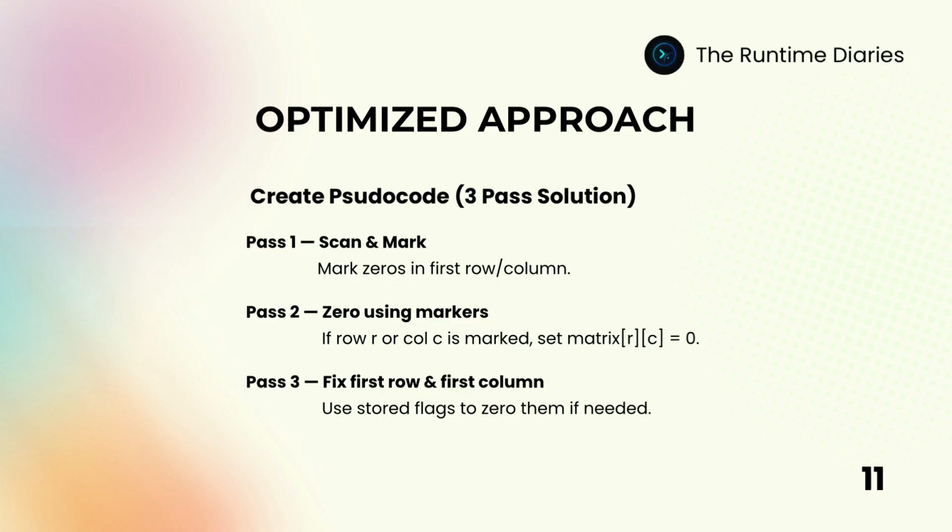Pass 2. Use those markers to zero out the appropriate cells in the interior of the matrix. Skip the first row and first column for now. And pass 3. Finally, use your 2 Boolean flags to zero out the first row and first column if needed. 3 clean phases, no corruption, and no extra arrays gives you constant space here.